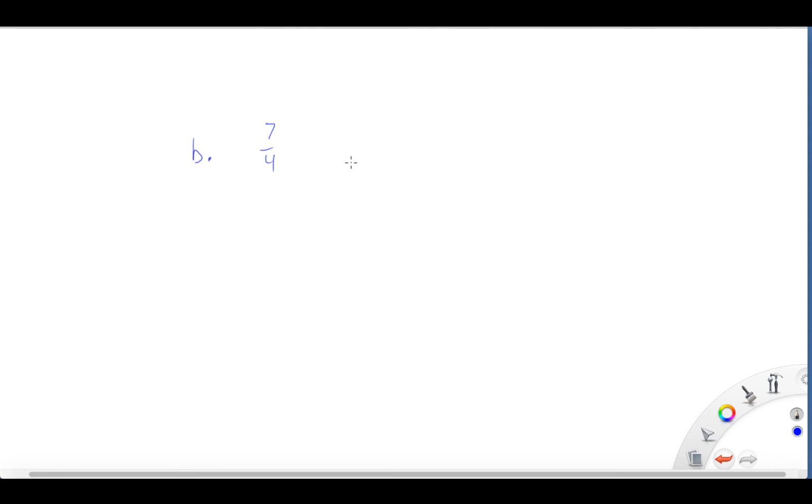Well, 7 over 4, we always put the denominator on the outside. And this is unique, and the reason I picked this is because this fraction is actually an improper fraction. Usually we see a fraction like 1/2 with the smaller number on top. Well, this one has a larger number on top, so we set it up this way.